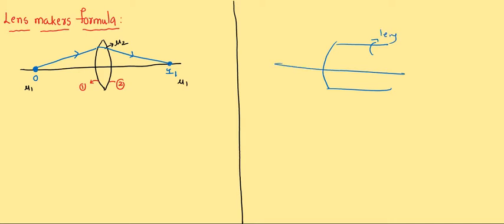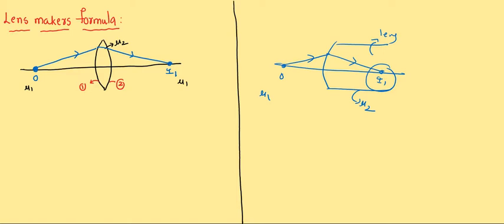Now the object is O here. From the object the light started, and after the refraction it will form the image at I1. That means the object is in the mu1 medium and the image is in the mu2 medium. This image forms in the lens medium, that is I1, formed due to the refraction at the first surface.